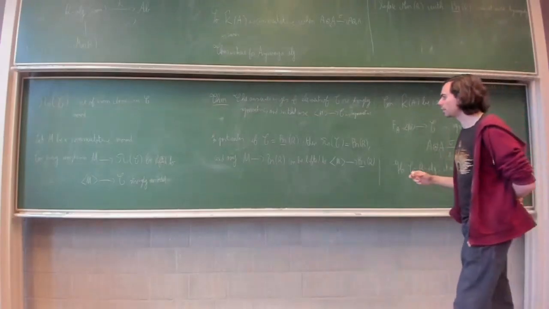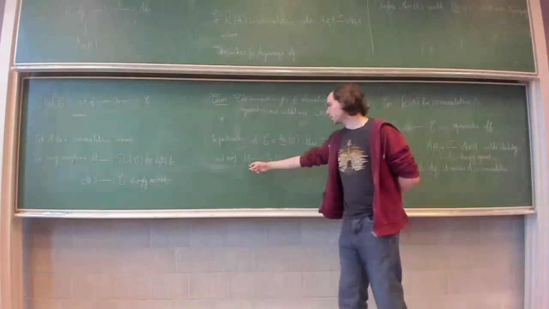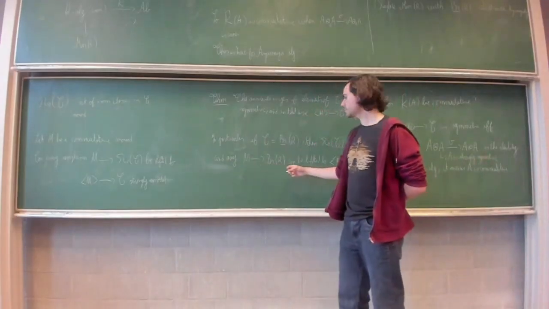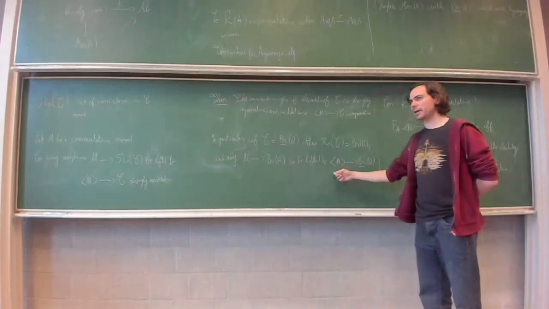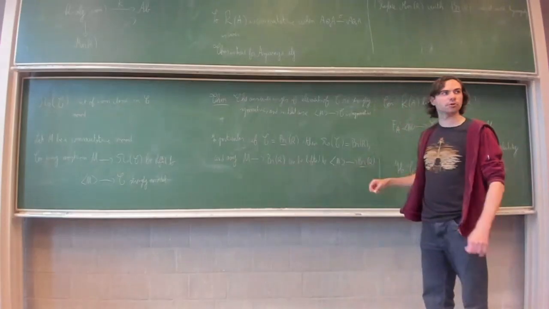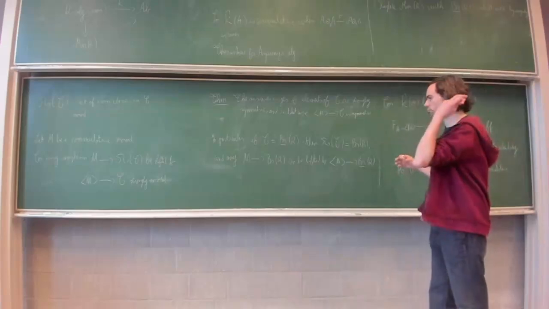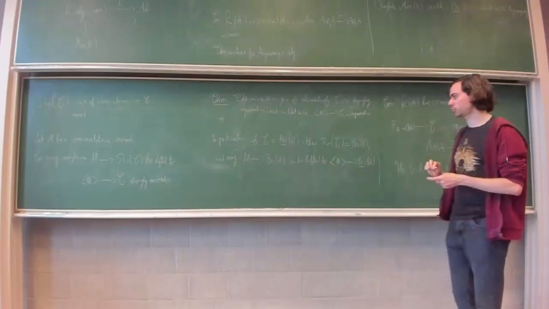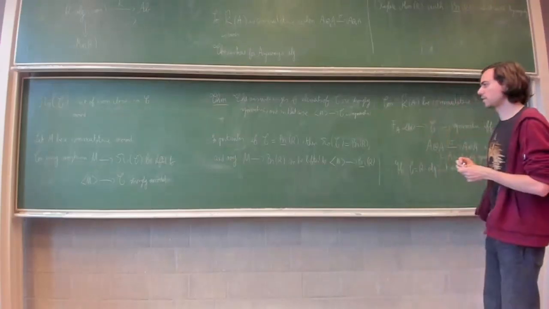And you can even choose, so here you send every element to some equivalence class. You can send every element to any representative. You can choose your representative as you want, and you just need to modify the transition maps, but you can choose any representative. It's very flexible.